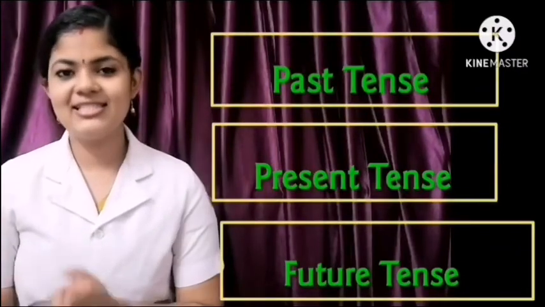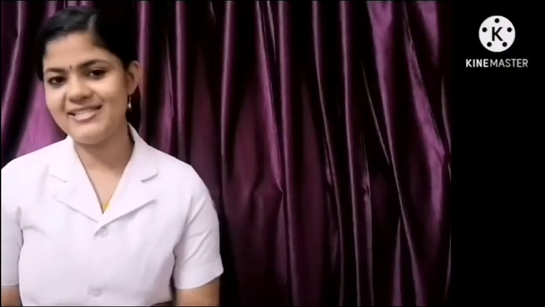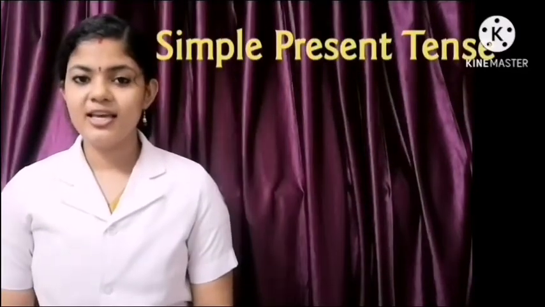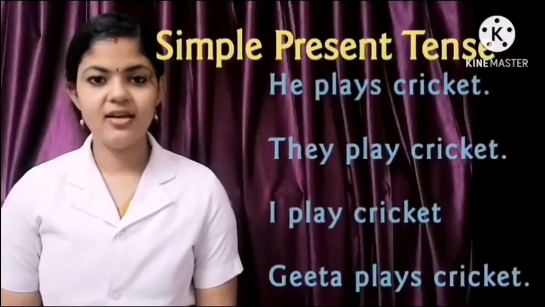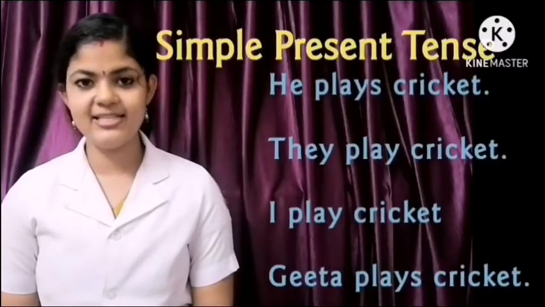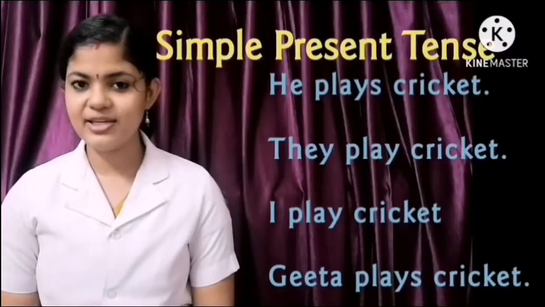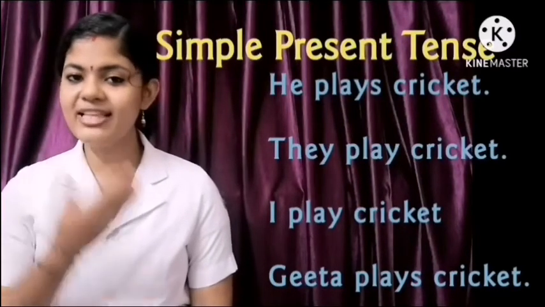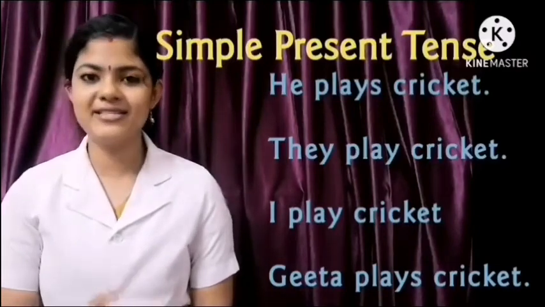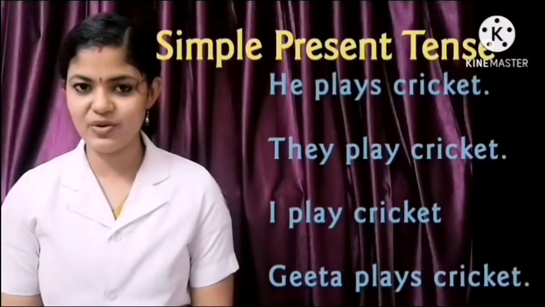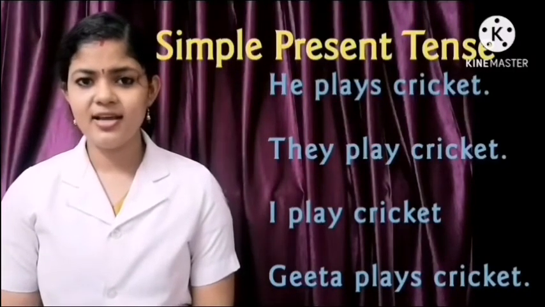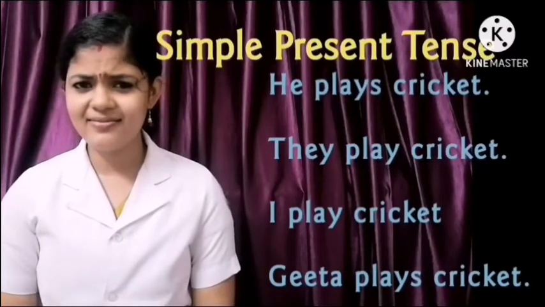Now let us examine the simple present tense. He plays cricket. They play cricket. I play cricket. Gita plays cricket. So all these sentences are in simple present tense. And how can we understand that?